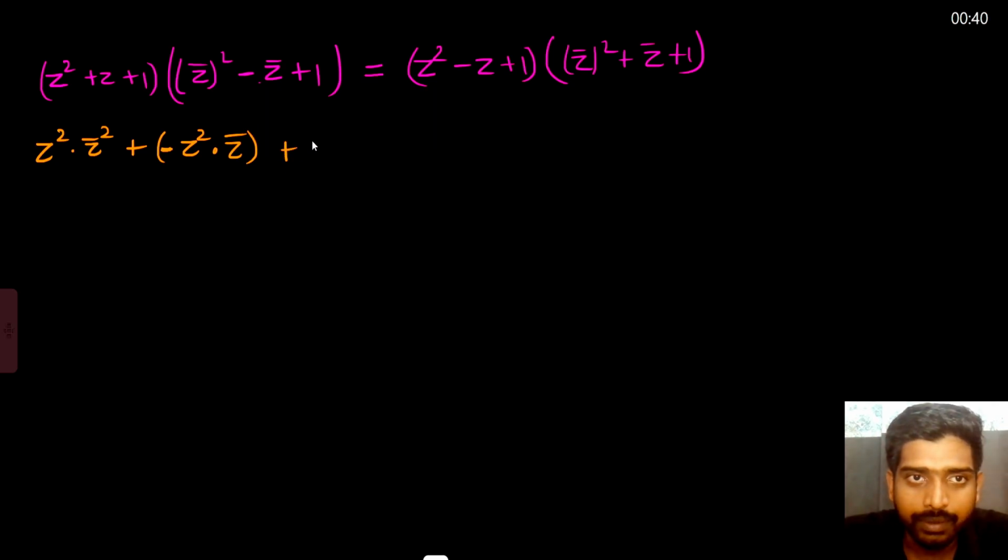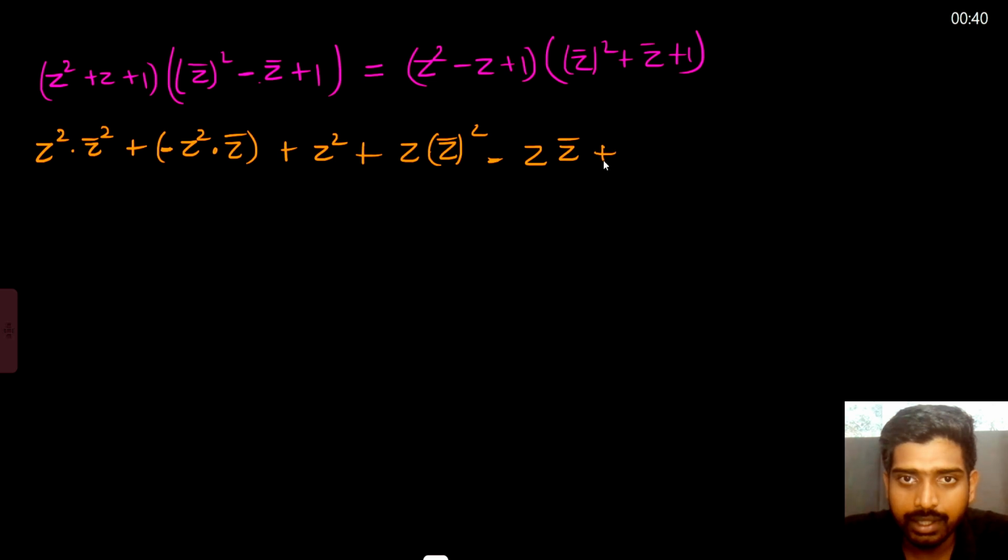Next, we'll get z into z conjugate square, minus z into z conjugate, plus z. Again, plus z conjugate square minus z conjugate, and plus 1.